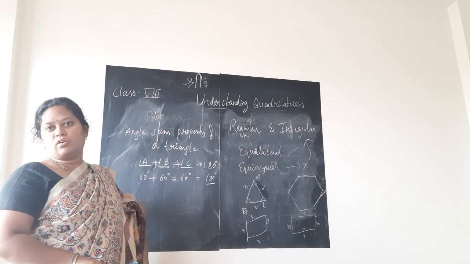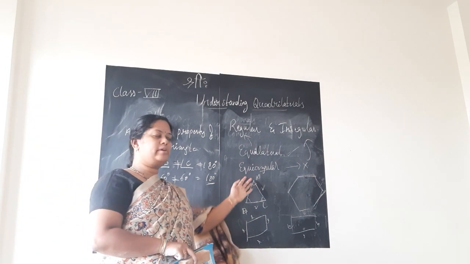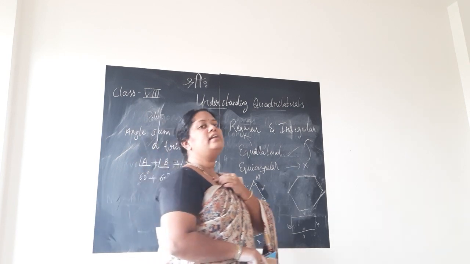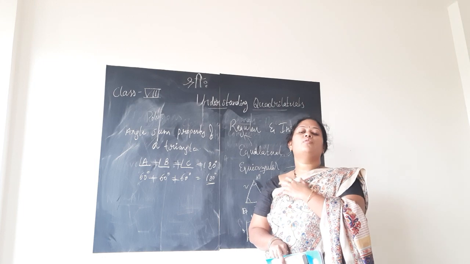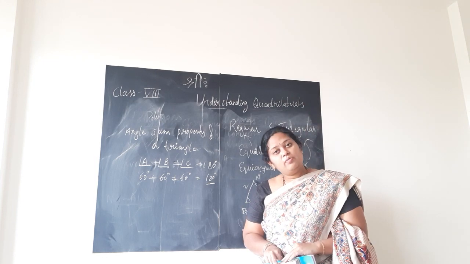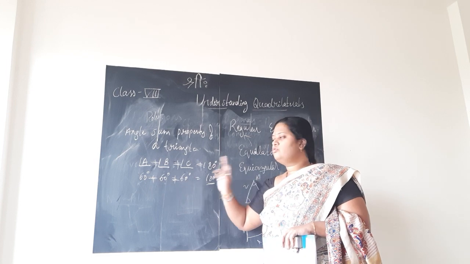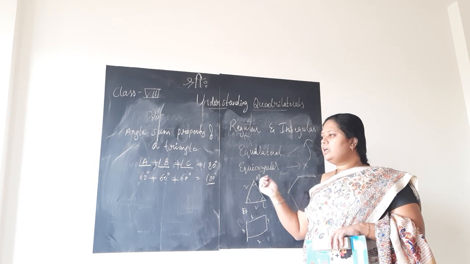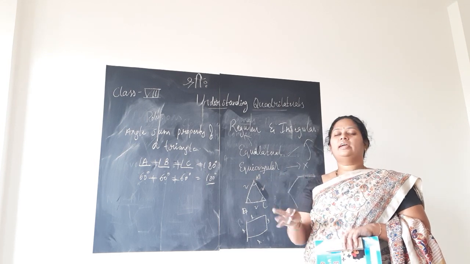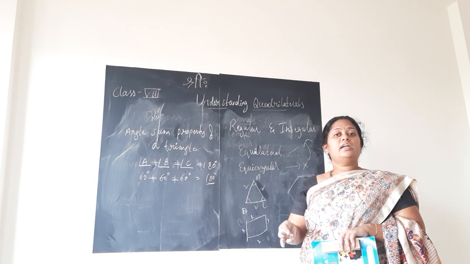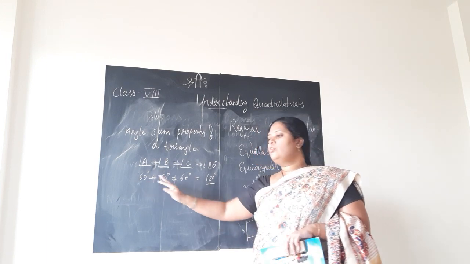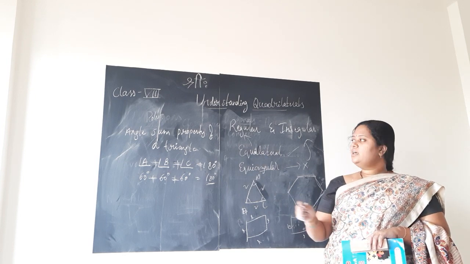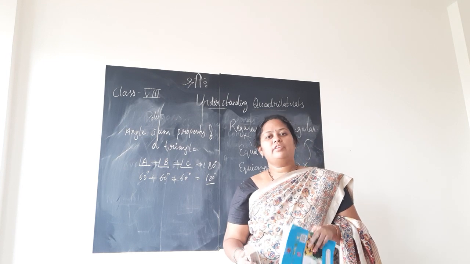It is just a recall. For any triangle, the sum of all three angles is always 180 degrees. If it is an equiangular triangle, all the angles will be 60 degrees. If it is not equiangular, or any other type of triangle, such as a right-angled triangle, the sum of all three interior angles is still 180 degrees.